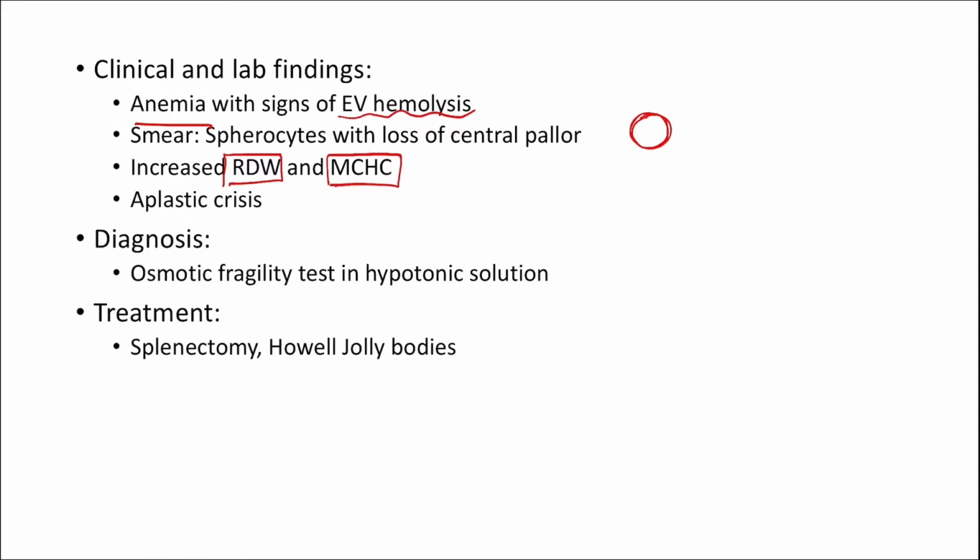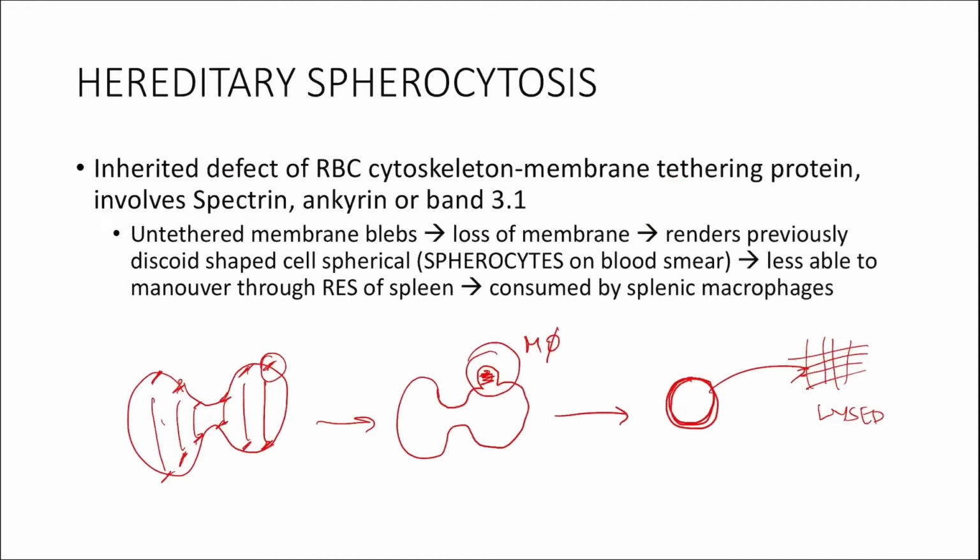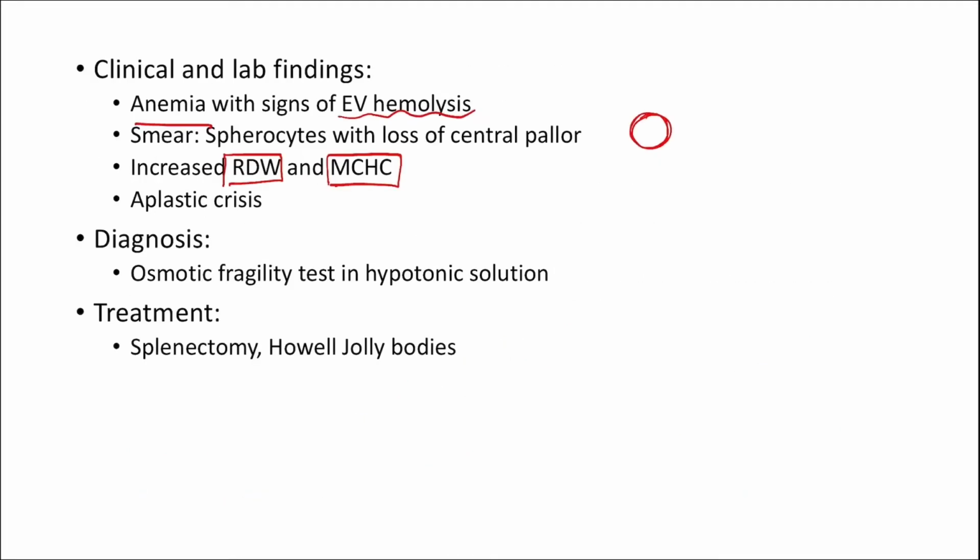The reason for the increased RDW is basically that if you were to look at any given blood smear, you would be able to see the younger red blood cells which have their normal integrity and the older ones which are spherocytes. As a result, you have a wide range of shape and size of the RBCs, which means that you have a larger range of distribution, and the width of this distribution will be higher.